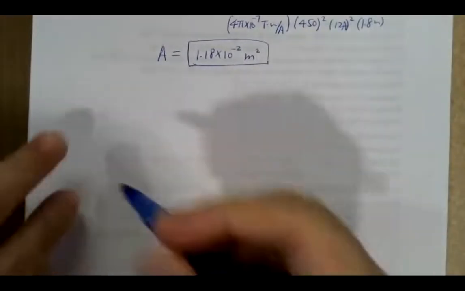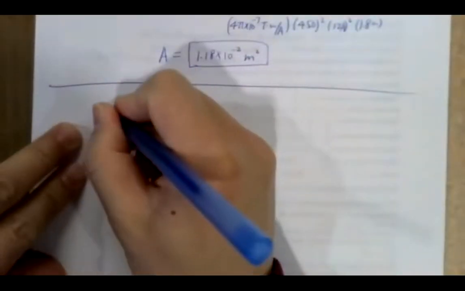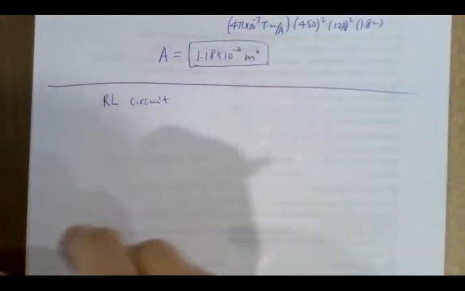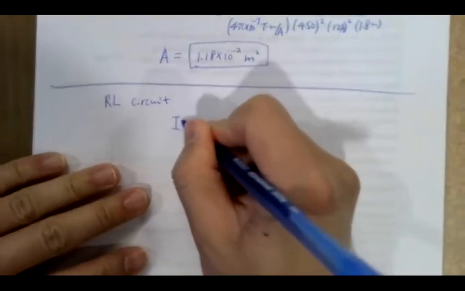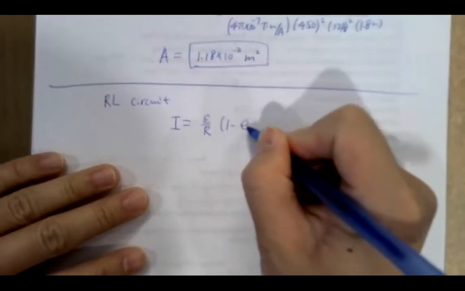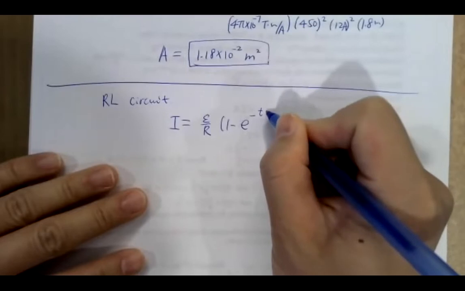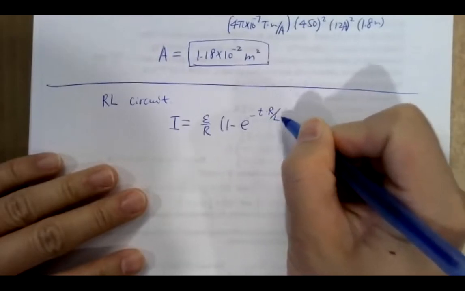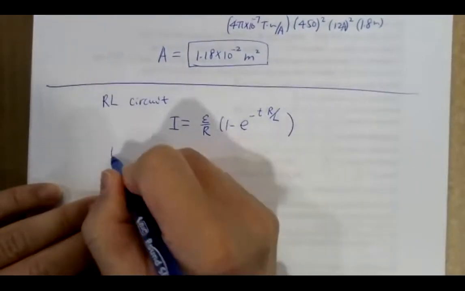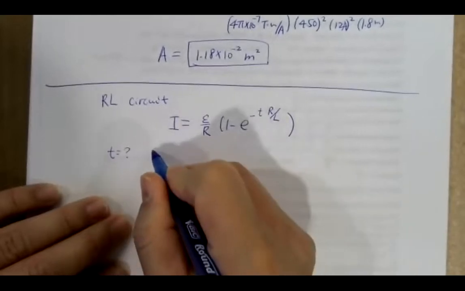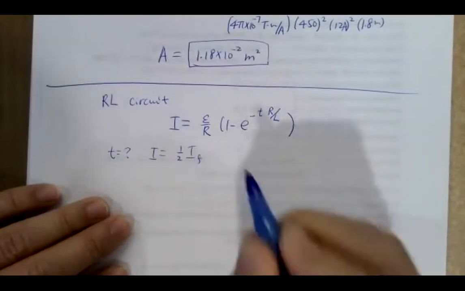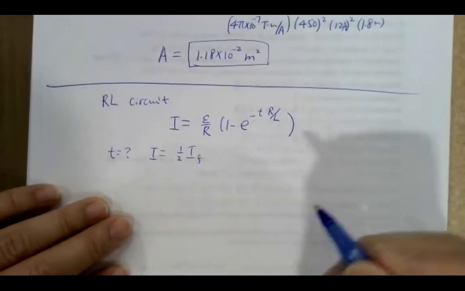You are given an RL circuit, and the current of an RL circuit is epsilon over R times 1 minus exponential of minus t times R divided by L. You're looking for what t is if your I is equal to one half of your final I, at that moment.